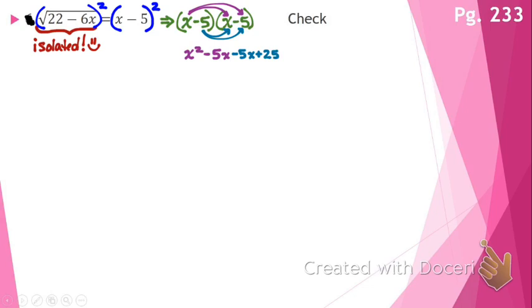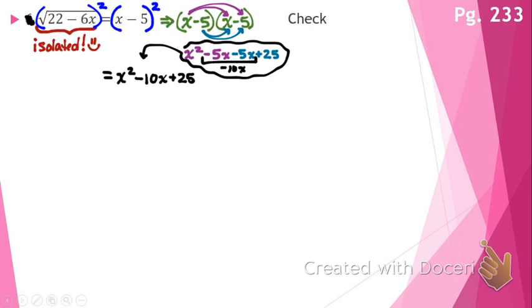Positive 25. So over here on the right, I'm going to have x squared. Do I have anything to put together? What do I get when I put those two together? Negative 10x. So x squared minus 10x plus 25 is what I have here.